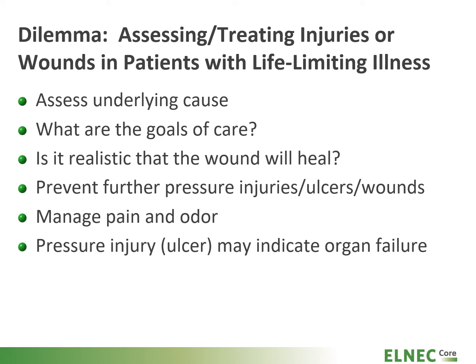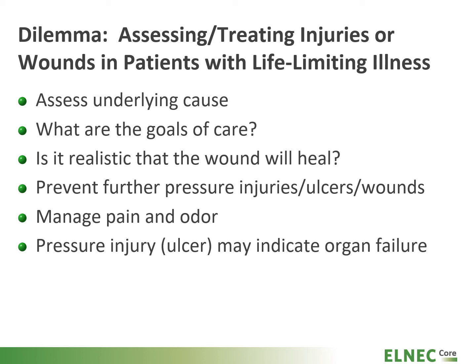Identifying the underlying cause of the wound, as with anything, is important. Is it a prior injury, amputation? Is it diabetes related, arterial insufficiency? Is there a lack of attention to turning the patient? Is there an inability of the caregiver to provide this standard of care to the patient? Are additional services needed?